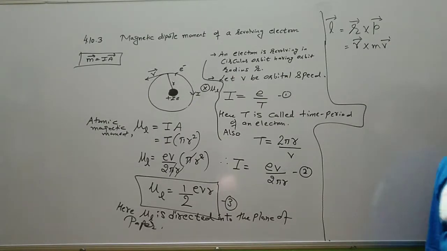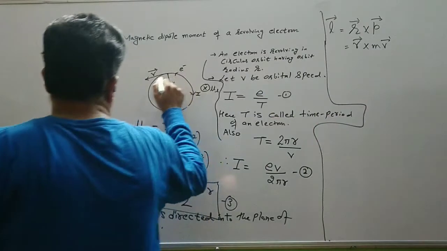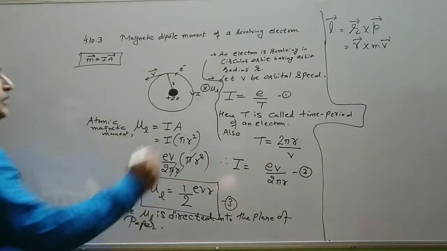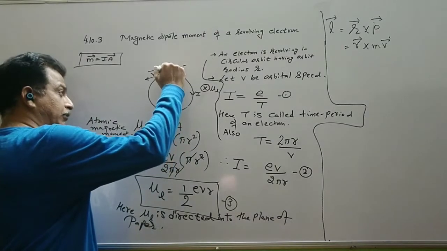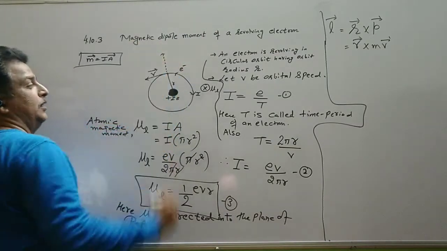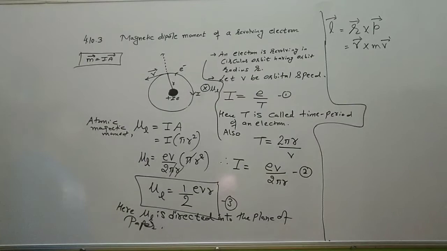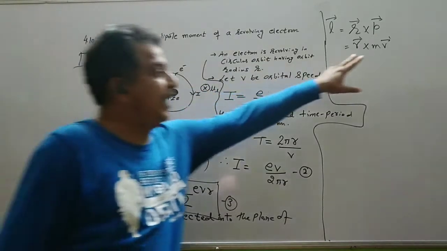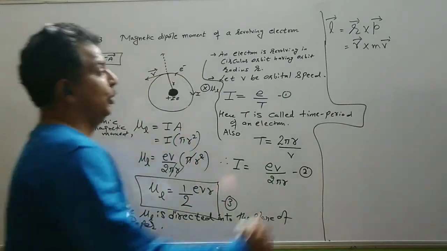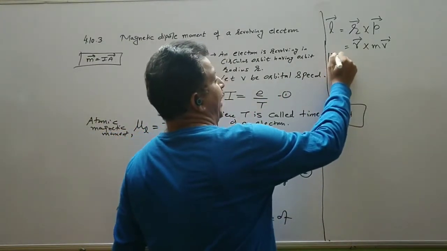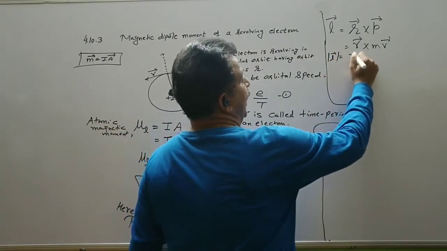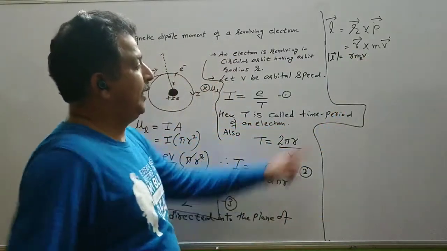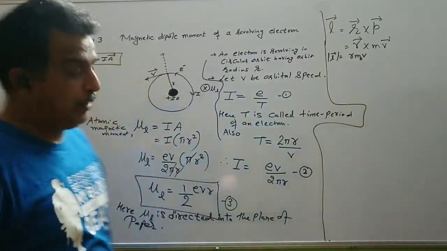Here the velocity is along the tangent. And this is the r vector. So if I extend my r vector, then the angle between the v vector and r vector becomes 90 degrees. So the magnitude of L becomes r m v, and if it is an electron, we write the mass of an electron, that is me.